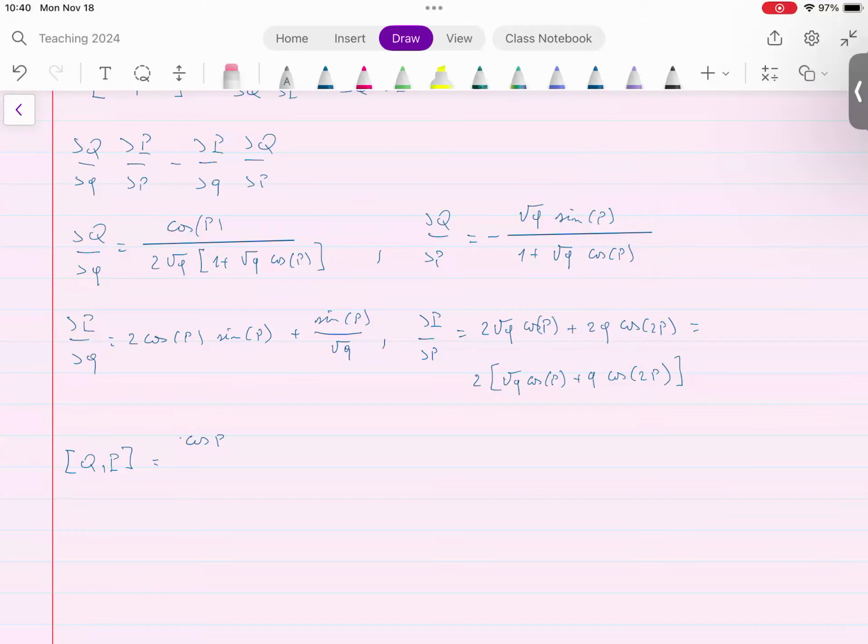As promised, I'm going to drop the brackets in sines and cosines, divided by 2 square root of q, 1 plus square root of q cosine of p, and that's dq dq, then dp multiplies 2 square root of q cosine of p plus q sine of p cosine of p.